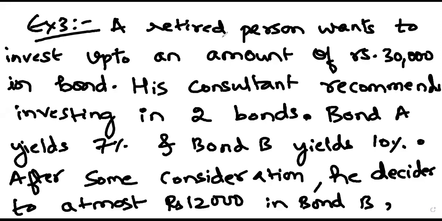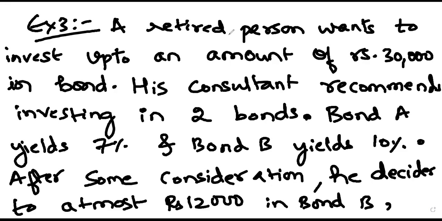Now, two different bonds are being selected, that is bond A and bond B. The investor has to decide what total amount to invest in each bond, correct? They have given us the returns from each investment. The first investment gives 7% interest, and the second gives 10% interest.